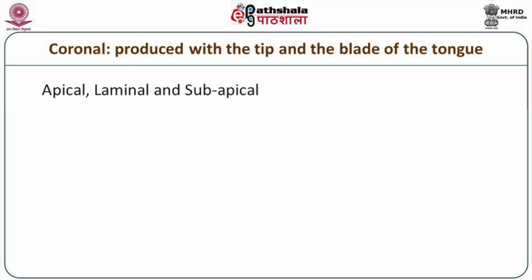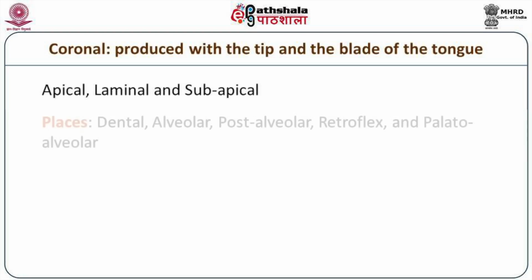There are at least five places of articulation which are coronal places of articulation. That means a wide range of places of articulation is produced by the tip and the blade of the tongue. These are dental, alveolar, post-alveolar, retroflex, and palato-alveolar.